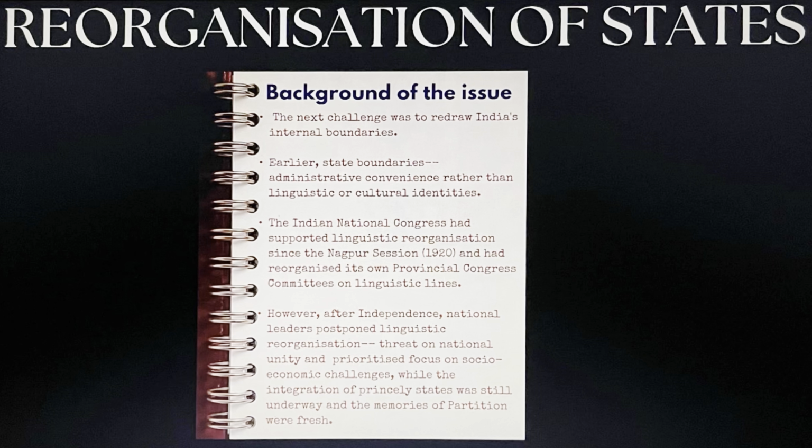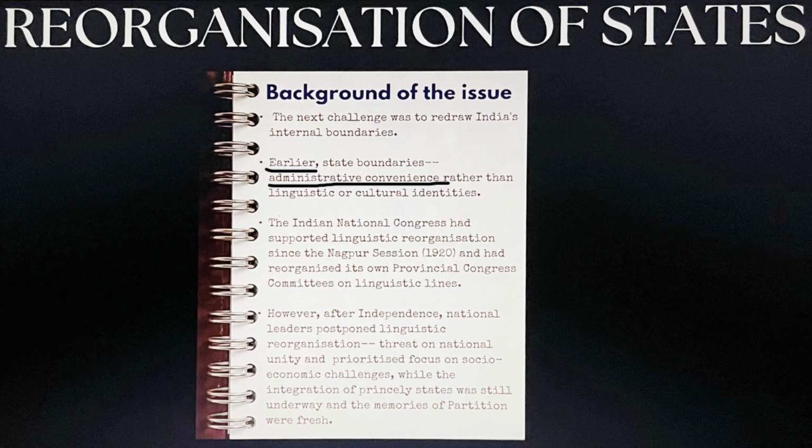So during the time of the British, there were different provinces and different princely states, right? So now they have to create states by demarcating, by redrawing the internal boundaries of India. Earlier during the British times, the state boundaries that they called provinces were based on what? Administrative convenience rather than linguistic or cultural identities.